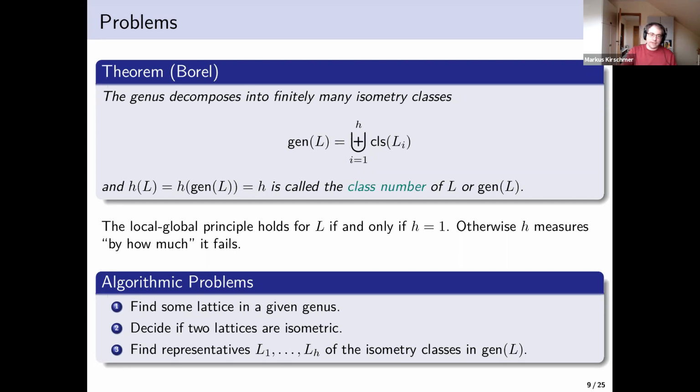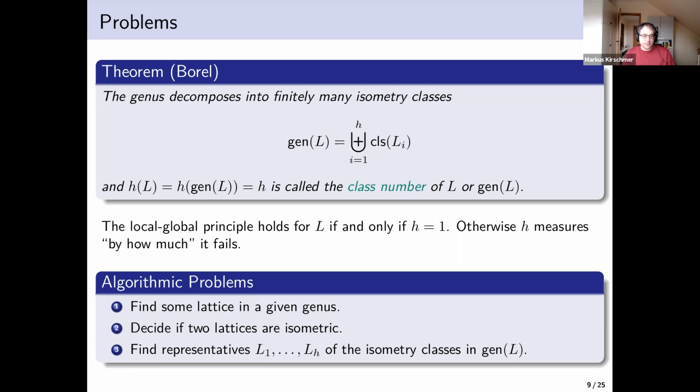First of all, in a few seconds, I'll show you that the genus can be described by local invariants. So the first problem would be, if you're given a set of these local invariants, how do you find a first starting point? How do you find the lattice in the genus if it's given by invariants? And the second problem would be, if I give you two lattices in the same space, are they isometric or not? So you want to decide isometry.